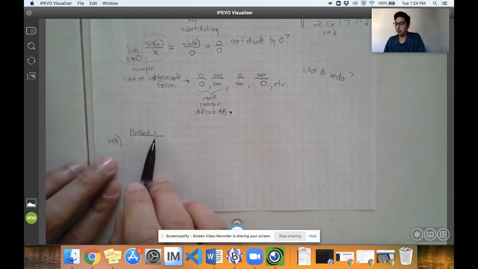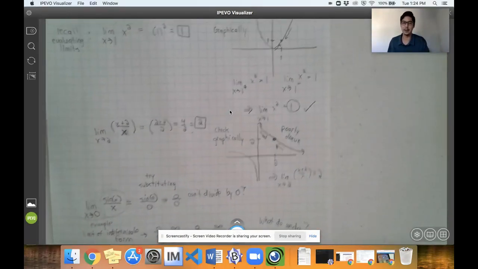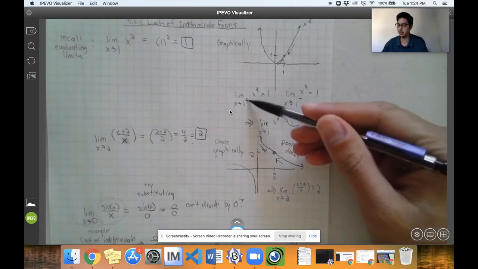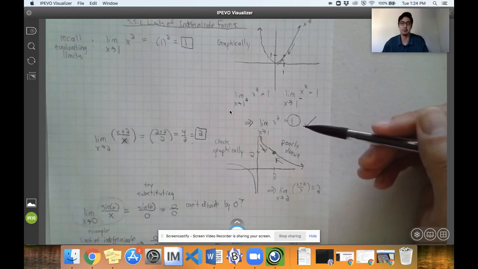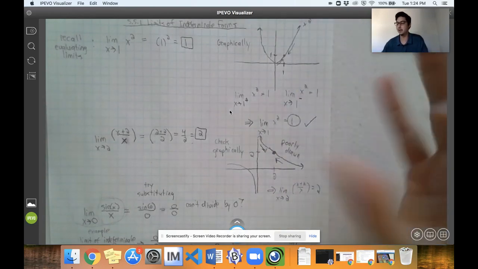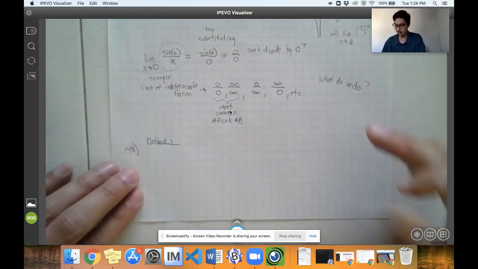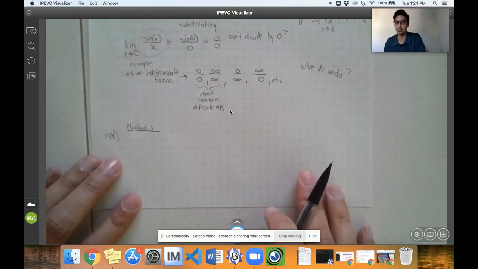In 148, there's one method where we can use the graphical approach that we know how to do with limits, where you evaluate it from the right and from the left. And if they're the same, then we can say that the limit exists, even though the function doesn't exist there, which means it's not continuous, but we can still say the limit exists. I'll write that all down because I said a lot there.